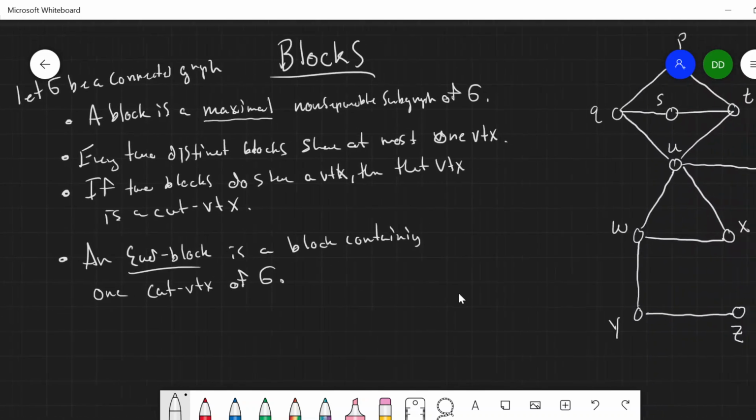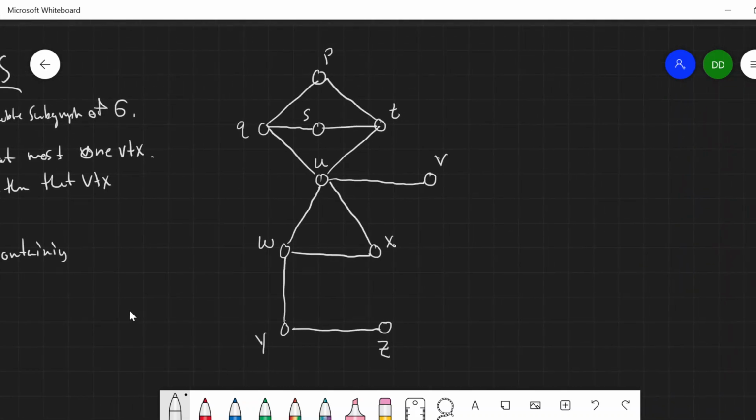So let's take a look at this graph here. Let's call it G. And we're going to separate this into its blocks. So I'm looking for maximal non-separable subgraphs. The first one I can note is this block up here containing the vertices P, Q, S, T, and U. This whole thing is non-separable.